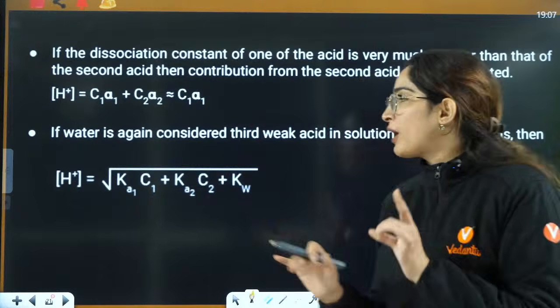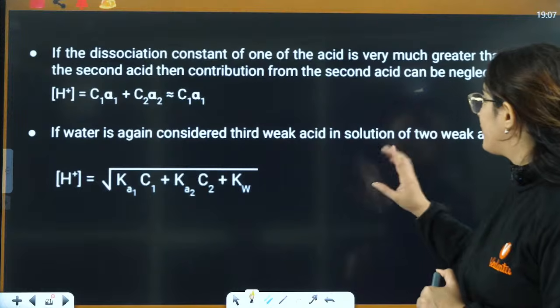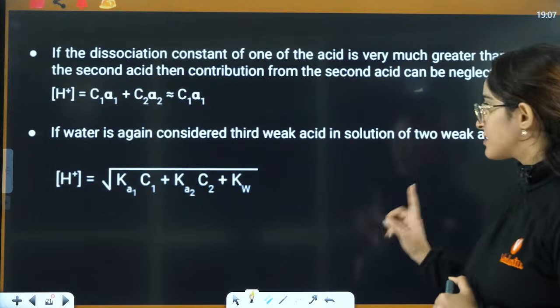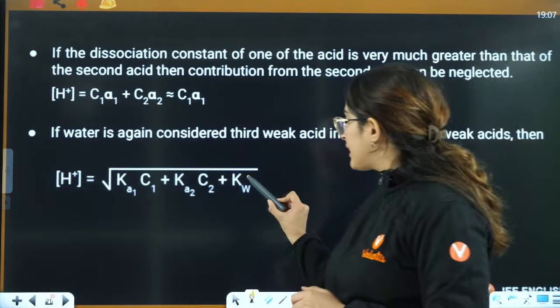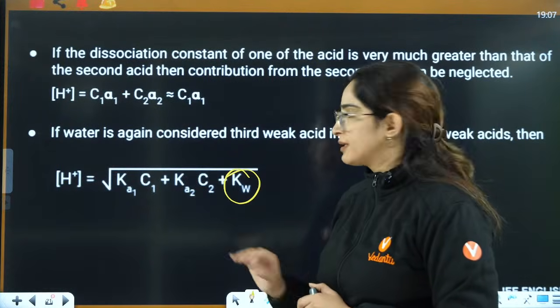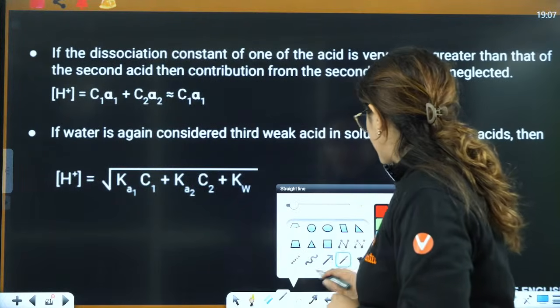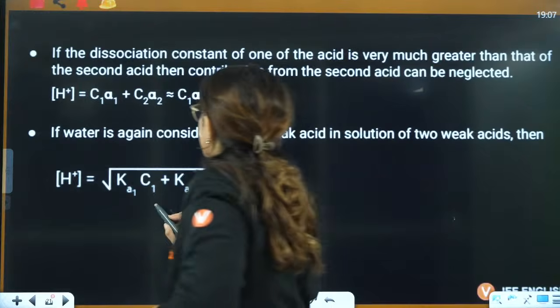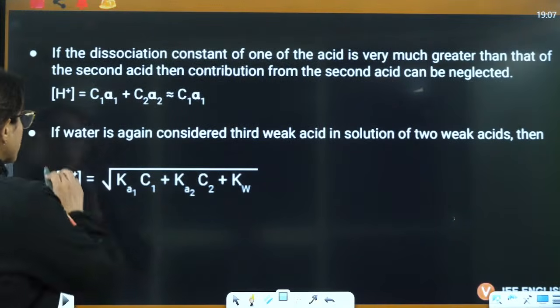Another point: if water is also considered as a third weak acid in the solution of two weak acids, then Kw will be added here. Understood? Tell me if that is clear. H positive is becoming C1 alpha 1, the same as we discussed before.